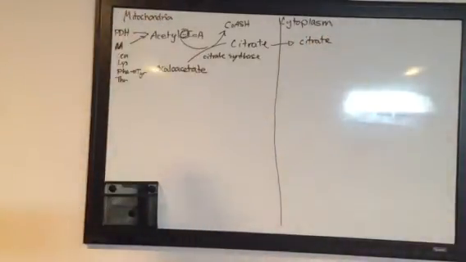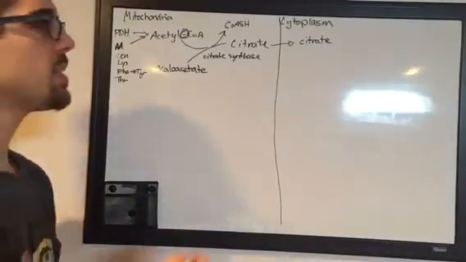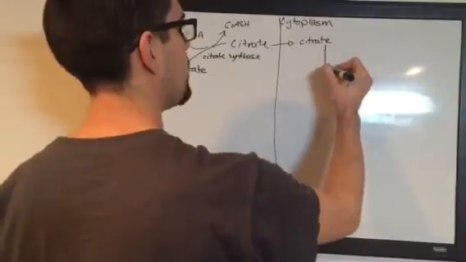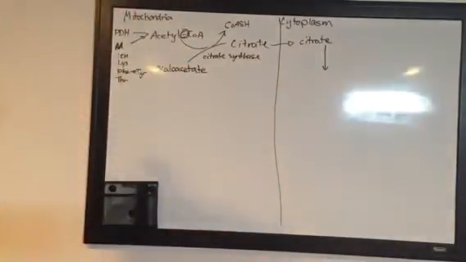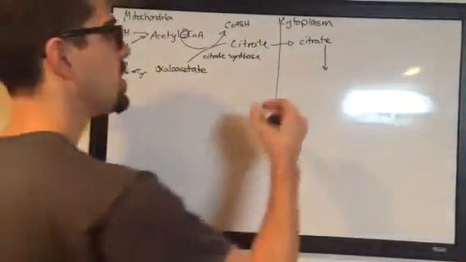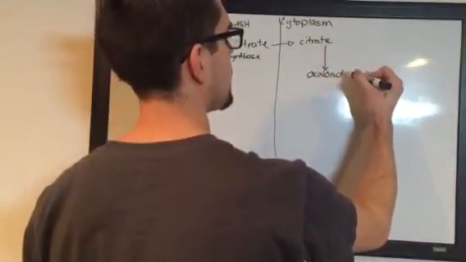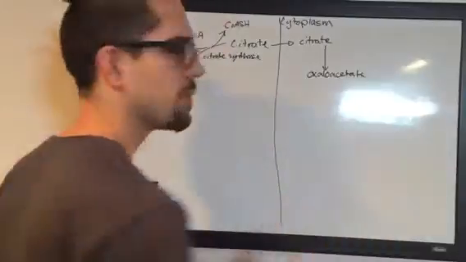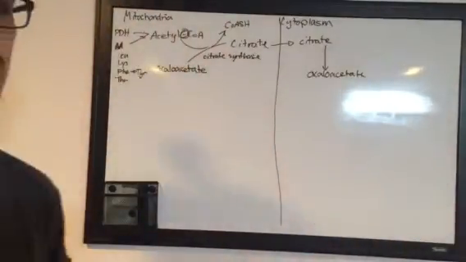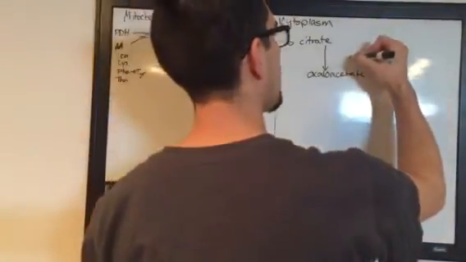Now citrate in the cytoplasm, once it's there, is going to be broken down pretty much instantaneously, and it's going to form two things. It's going to form acetyl-CoA and oxaloacetate. It's going to form those via the action of the enzyme citrate lyase.